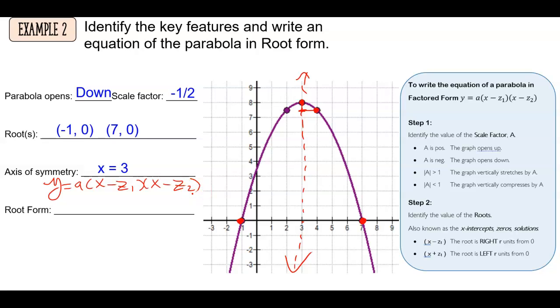What do you think I'm going to write for my equation? Y equals what? Before that, what's the a value that we got up here for our scale factor? -1/2, because it's going down. And then remember, insiders lie. So instead of -1, I put x plus 1. Instead of +7, I do x minus 7. Do you see how these insiders lie? And then this number in front is the rise over 1.